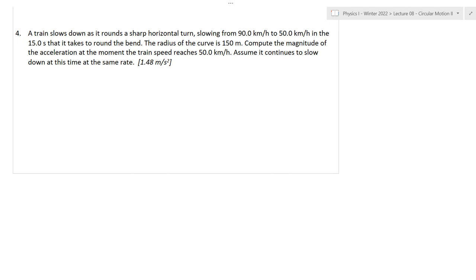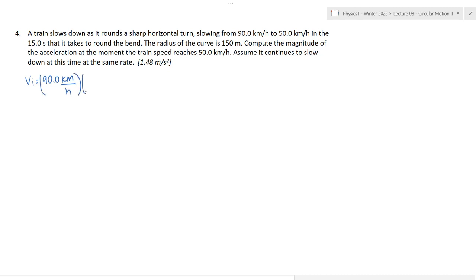All right, let's start by changing everything to proper SI units. So our initial speed, so I'm going to write V initial, is 90 kilometers per hour. Let's just change that to meters per second right away. So we want to get rid of hours, so we'll put hours on top, seconds on the bottom. 3,600 seconds is 1 hour.